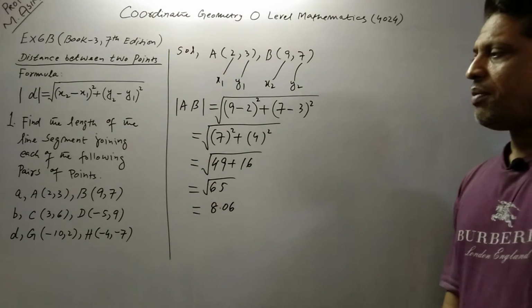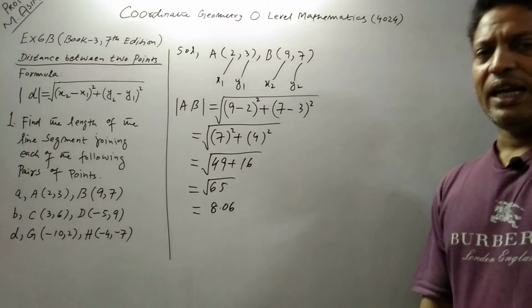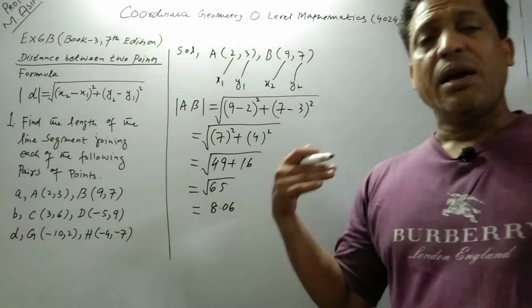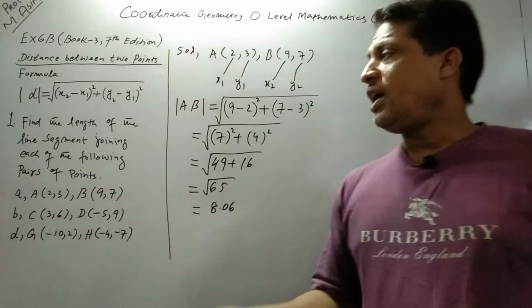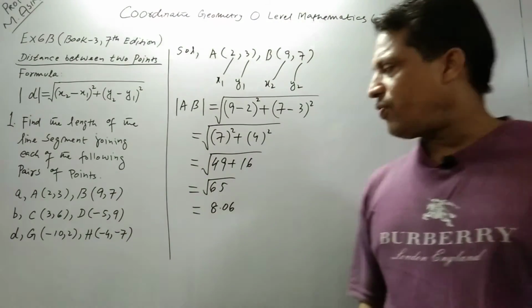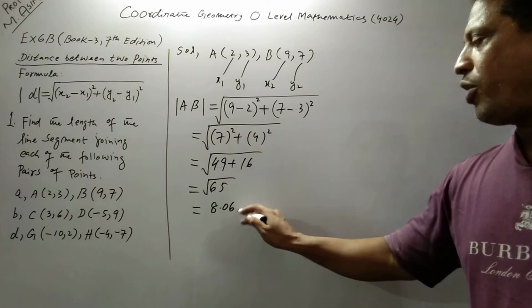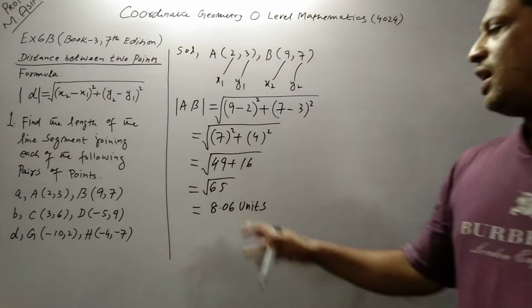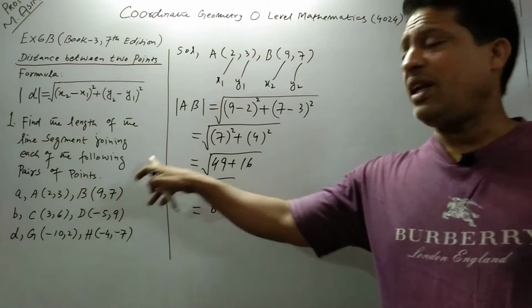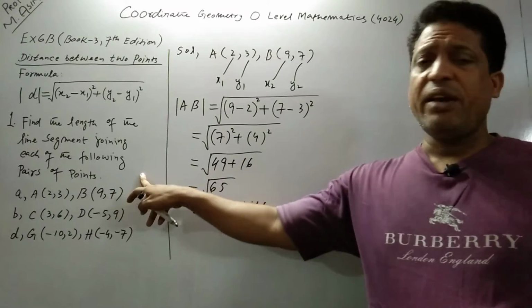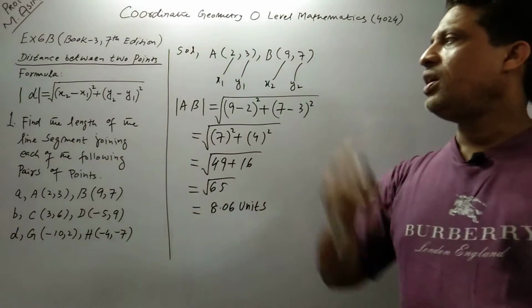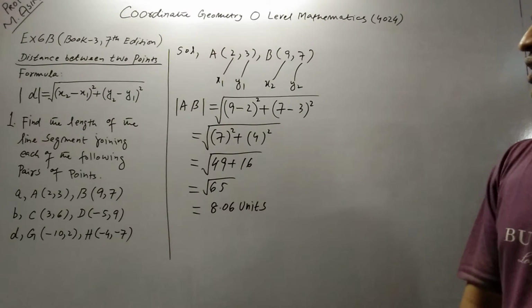One more thing: distance is measured in centimeter, millimeter, decimeter, meter or kilometer, but there is no unit given, so we have to write just 8.06 units. Units means if the question is given in centimeter, we write centimeter, or in meter, we write meter. So this is the answer of part A: the distance of AB is 8.06 units.